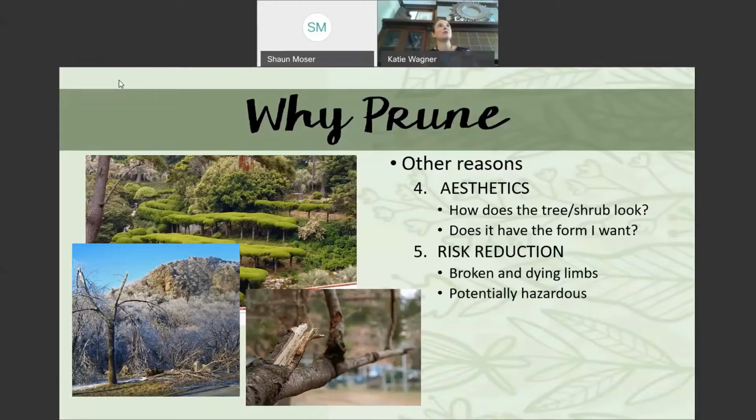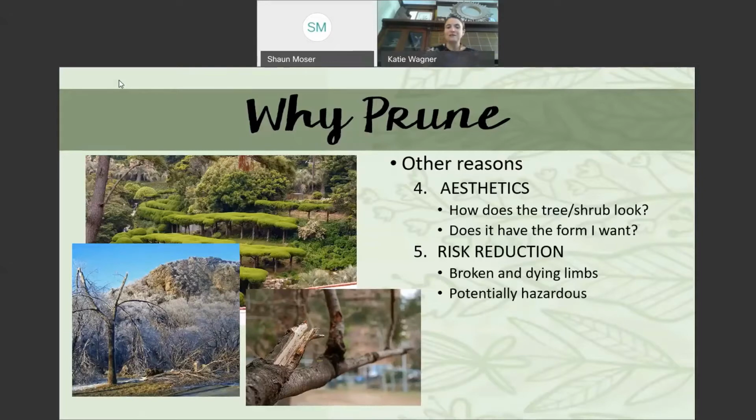And if you were kind of investigative when you were looking at some of those trees, you might notice that there were a lot of common actors. A lot of the same species of trees had the most branches down, or fell the most often. And so certainly risk reduction, anything that is low hanging, of course, we don't want any head hazards out there.